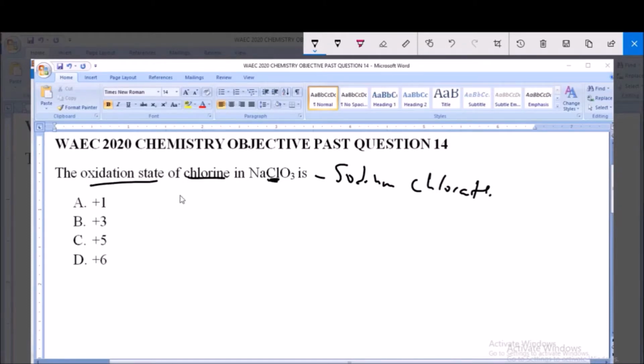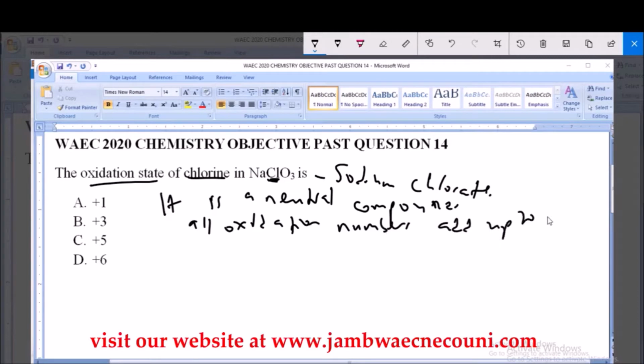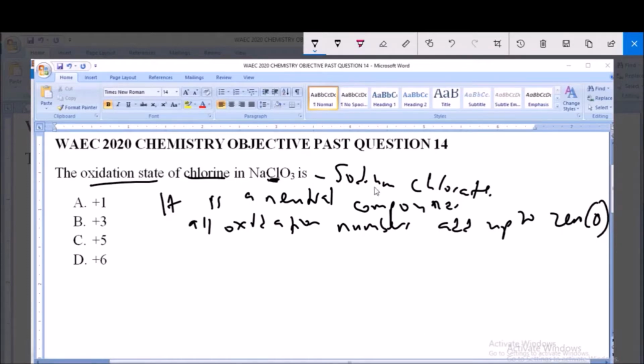Now the first thing to understand is that it is a neutral compound, and in neutral compounds all the oxidation numbers add up to 0. So by the time you add the oxidation numbers of sodium, chlorine, and oxygen, it's supposed to add up to 0 because it is a neutral compound. You know it is neutral because it carries no charge.